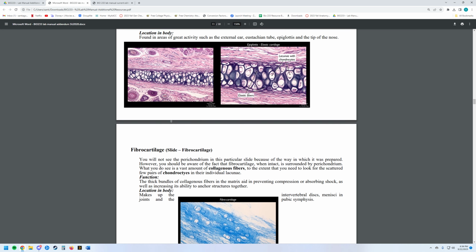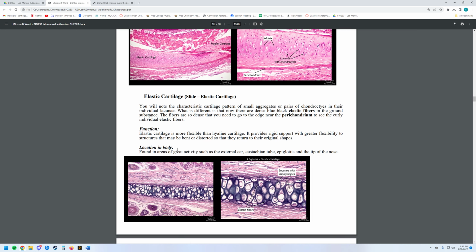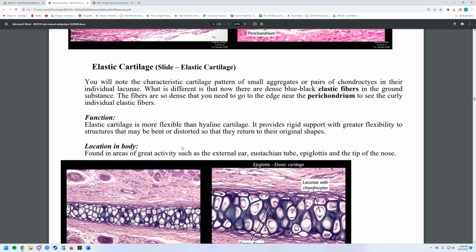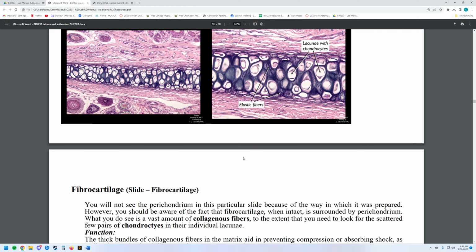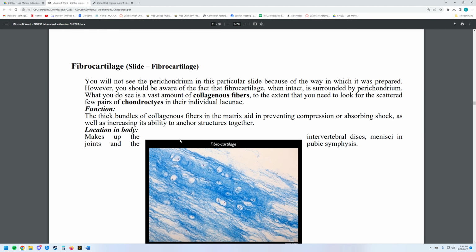So we kind of have to, I guess, try to finish this. So we got elastic cartilage by the elastic things. Oh man, this did not post the slide very friendly. You will not see the perichondrium in this particular slide because of the way in which it has been prepared. However, you should be aware that fibrocartilage, when intact, is surrounded by perichondrium.